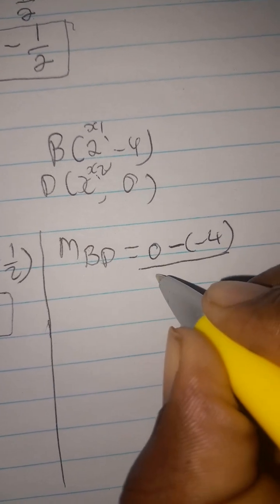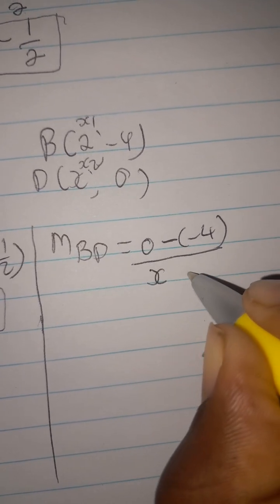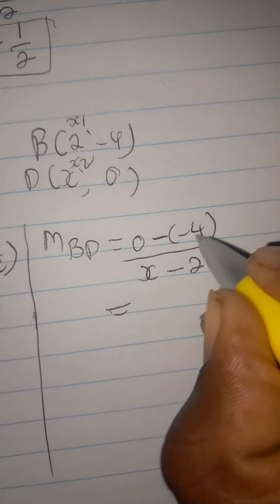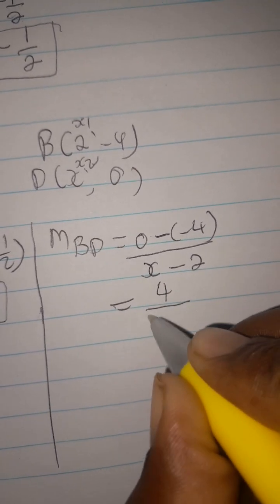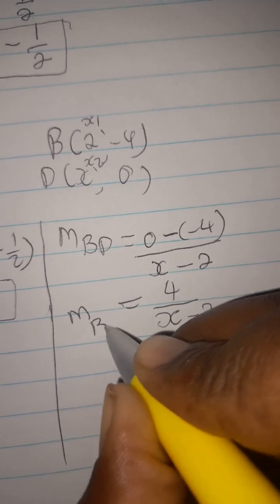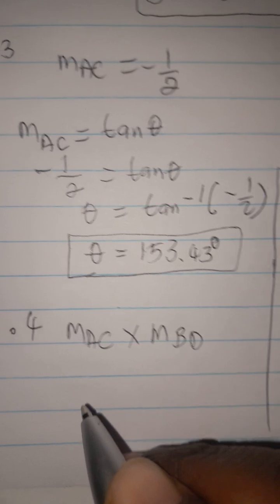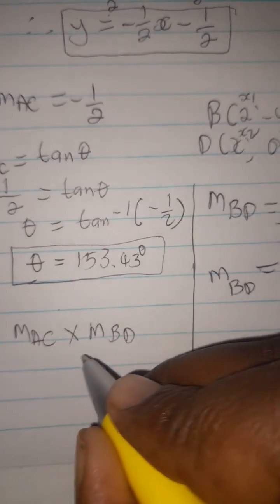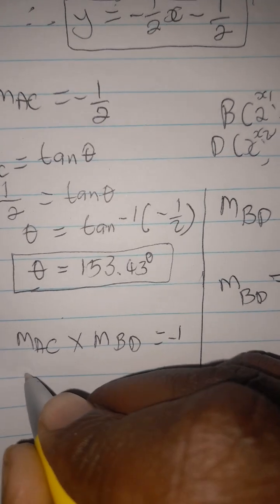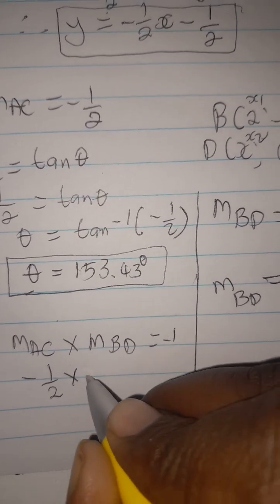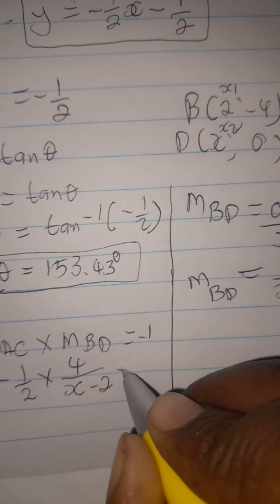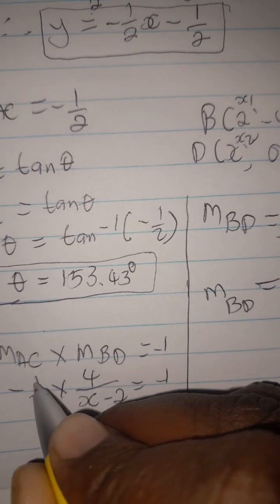Our X2 will be x, and X1 will be 2. So 0 minus -4 will be +4, making the gradient of BD 4 all over x minus 2. Since BD is perpendicular to AC, they have a product of -1. So we put -half multiplied by 4 all over x minus 2, which equals -1.